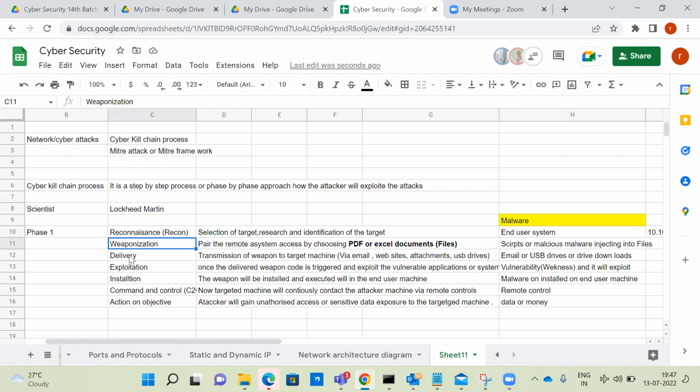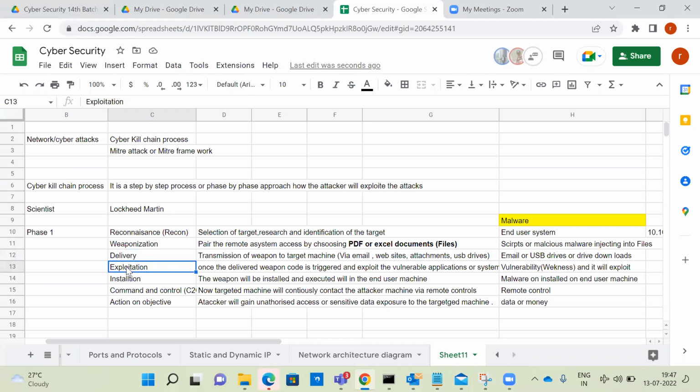Delivery: how do I enter the organization level. For example, logging into the application is one way, or email is one way, or pen drives are one way. In such a way, he will enter the organization level.